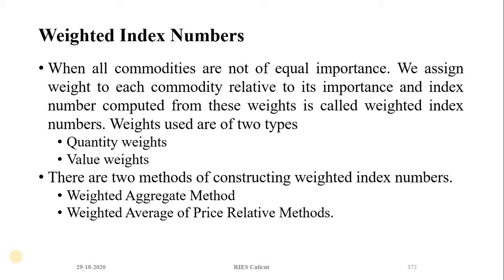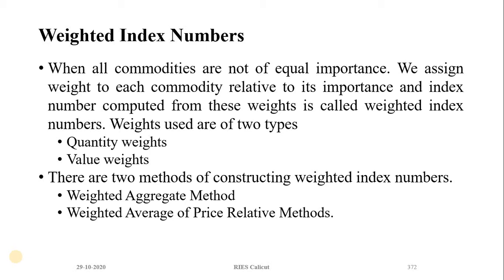The second is the value. The value means price into quantity. So there are two different types of weights: we can use either the quantity as a weight or the value as the weight.